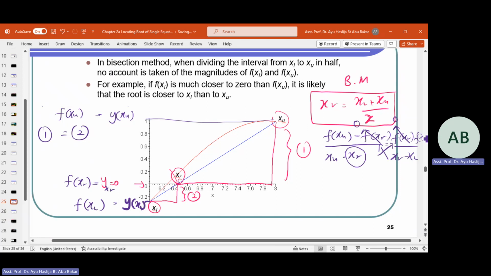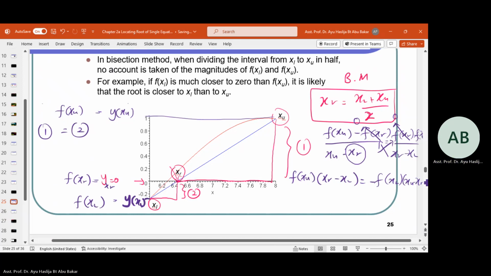Multiplying both sides, F(XU) multiplied with this part, and this part is negative F(XL) multiplied with XU minus XR.